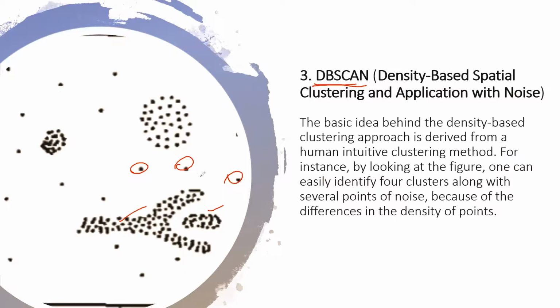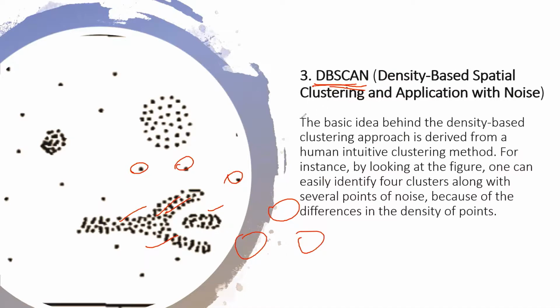Okay, whereas these shaped clusters cannot be dealt with K-means or hierarchical, they will not be able to identify the shaped clusters here. They will just make these type of clusters. Okay. Whenever it comes to a shape, you have to understand that that is a DBScan algorithm that you have to use on those clusters.